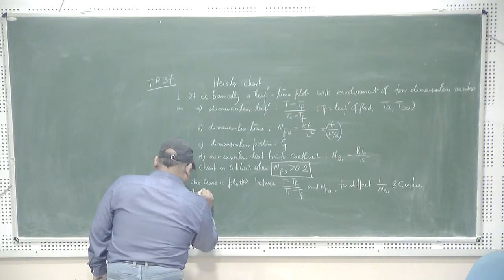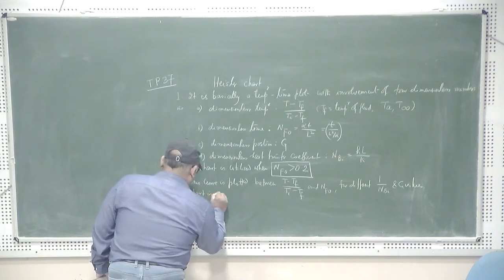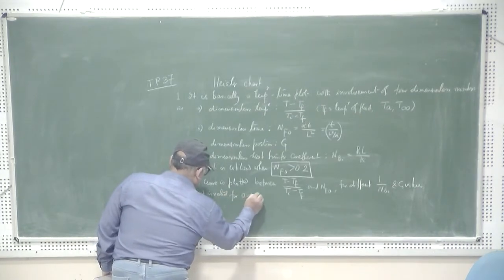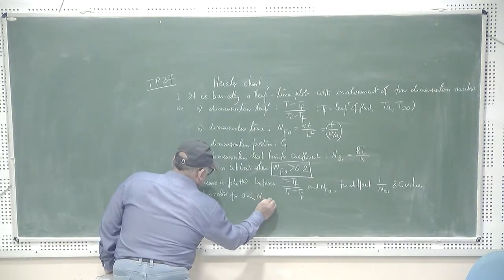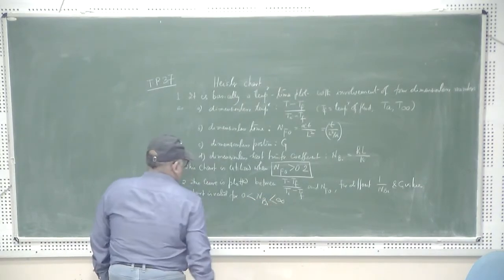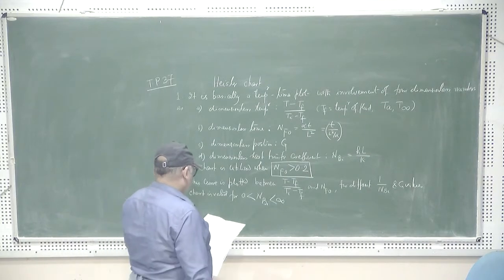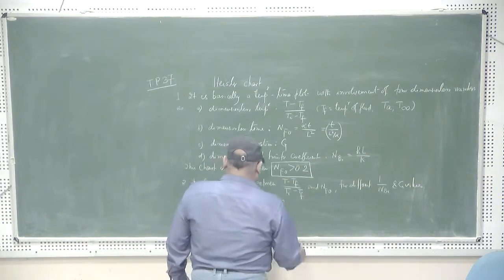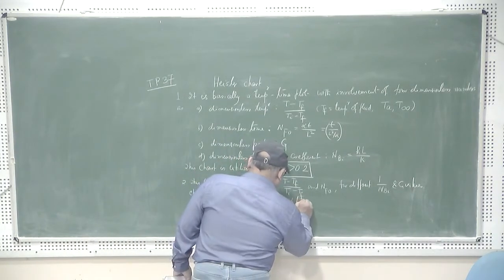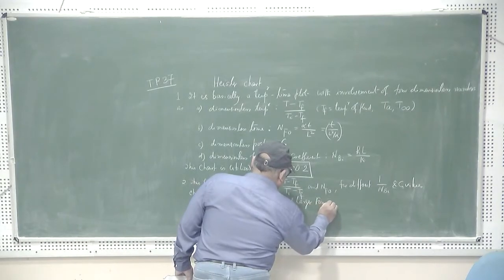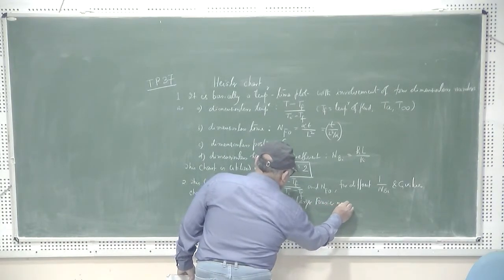This curve or chart is valid for Biot number between 0 to infinity and larger Fourier numbers.